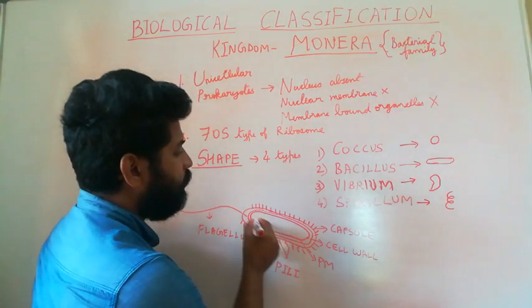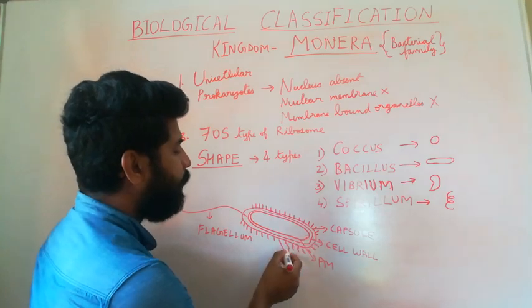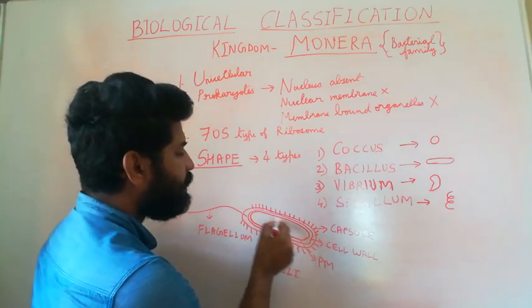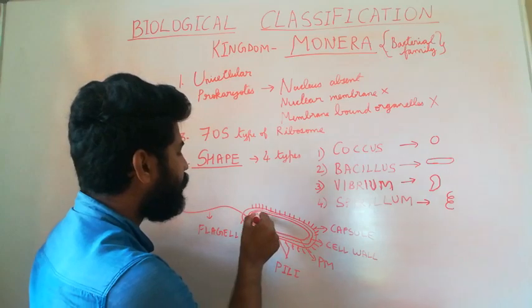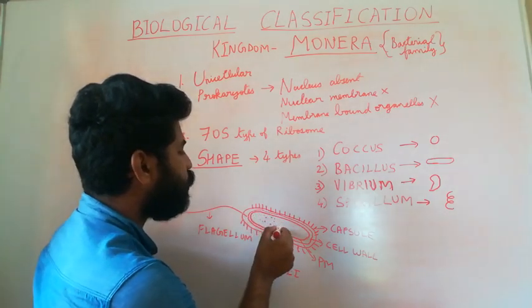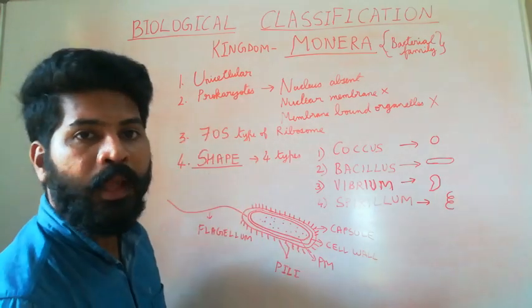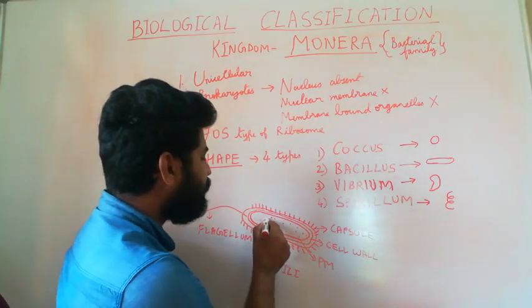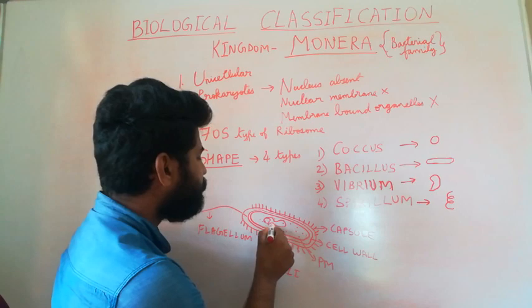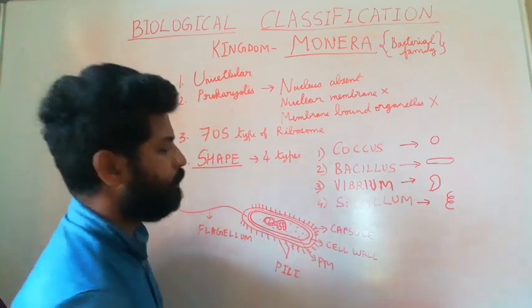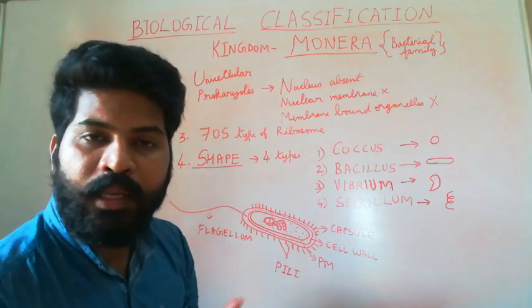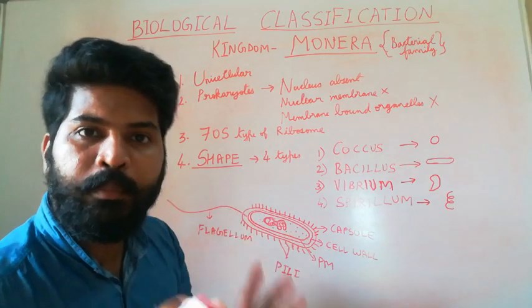Inside the plasma membrane, we find the cytoplasm. In the cytoplasm, we find ribosomes, which are of 70S type, and the genetic material is DNA. There is no nucleus, there is no nuclear membrane.